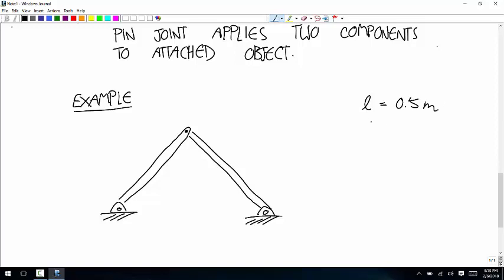And let's say that the mass of each one is 5 kilograms. It's equilateral, so these angles are all 60. And let's say that there's a force of 1,000 newtons applied to the top.